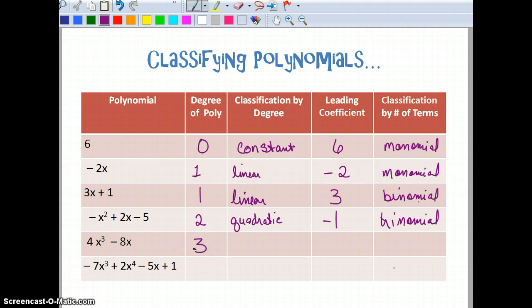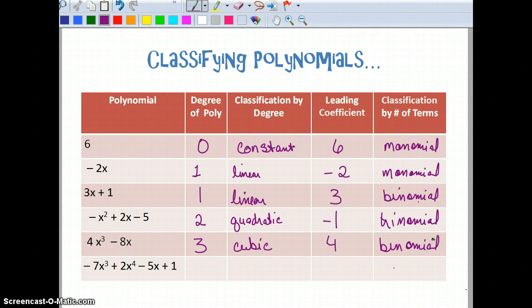When I classify it by the degree, it is cubic. I'm in standard form, so my leading coefficient I know is 4. And when I classify it by the number of terms, I have 2 terms. It's a binomial.